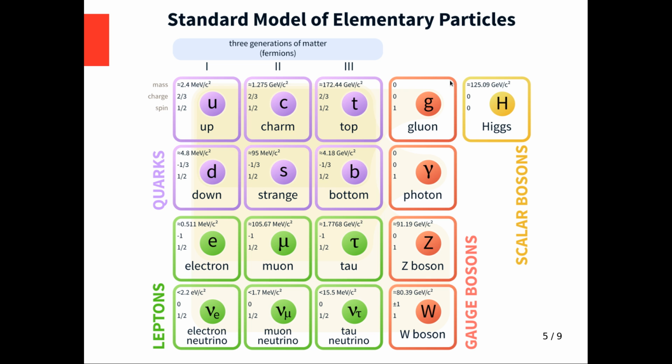And this is pretty interesting because the Higgs boson is what causes all these other different particles to have mass. It creates a field that permeates every single part of space, and some particles interact with this field, which causes them to have mass and to not travel at the speed of light.